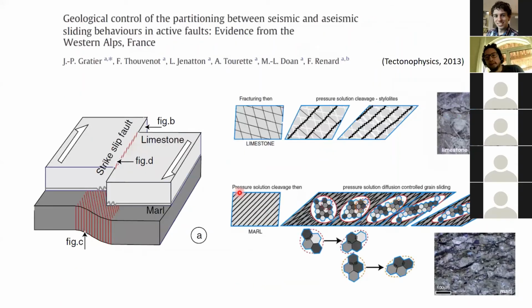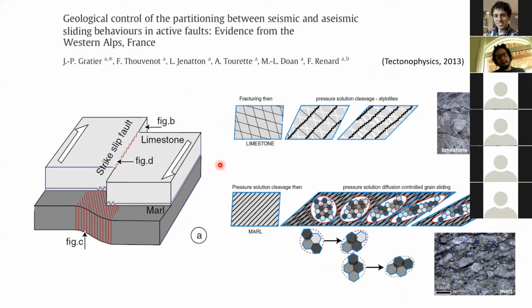There is very comprehensive work by Gratier several years ago, compiling observations from other events that have happened in France. He observed this commonality of shallow events happening on the limestone layers, but either the earthquake or its aftershocks not occurring in the deeper layers if those layers were made of more marly material.